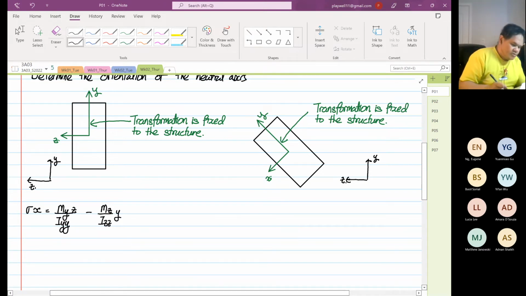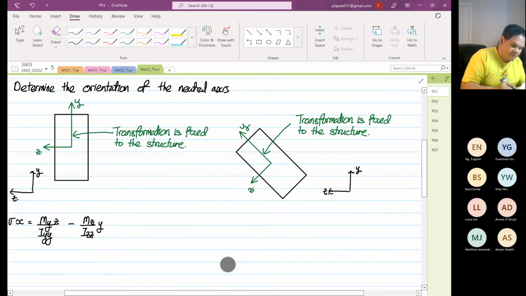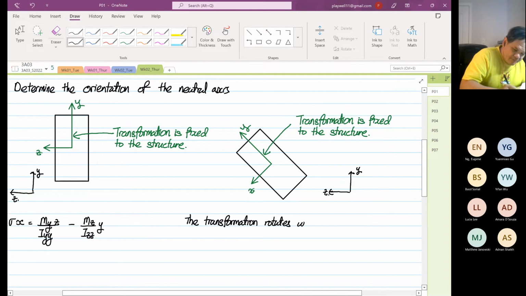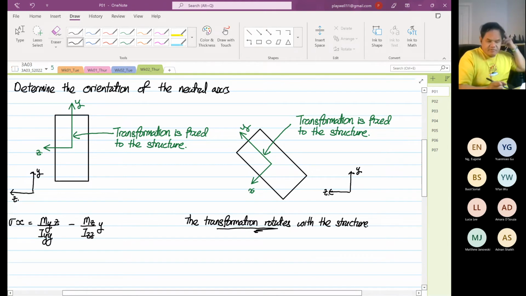What I want to highlight since Tuesday is the transformation. The transformation rotates with the structure. Anything to remember, this is the most important thing: the orientation rotates with the structure.